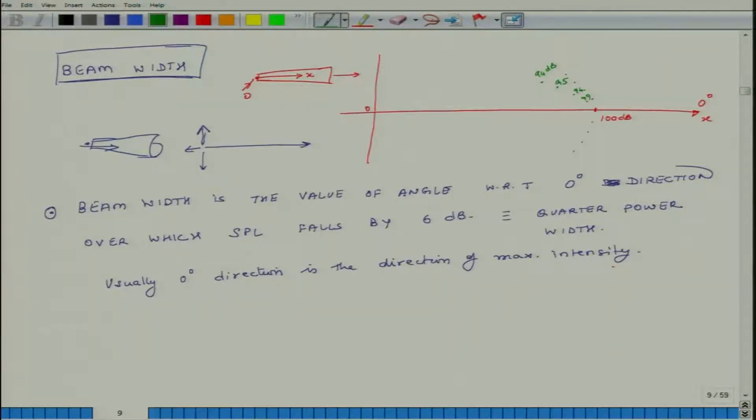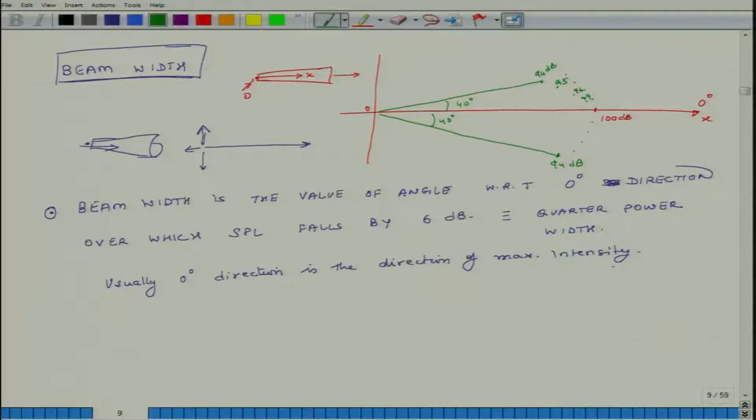So this is 40 degrees. Similarly, it may be symmetric around the 0 degree axis or it may not be, it depends on the source, but in the case of a horn it will be symmetric. So this is again 94 dB at 40 degree angle. What does that mean?